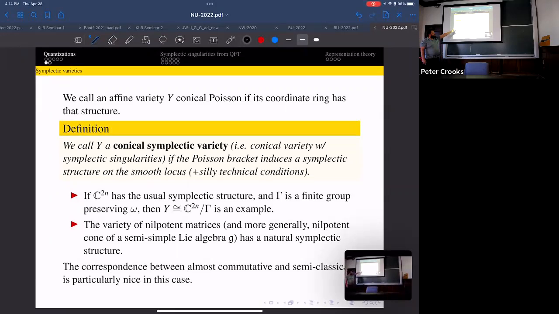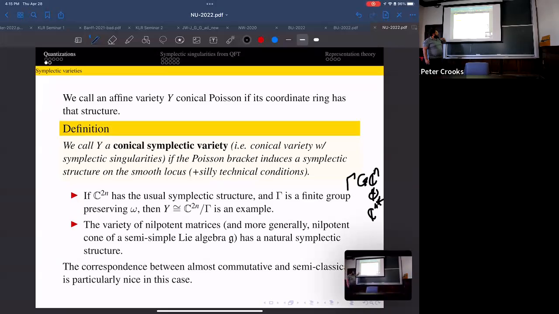So the most standard example of this is you might take a symplectic vector space, a finite group preserving the symplectic structure. So the kind of example you might think about is, I have gamma acting on Cn, and then I take the sum of that representation with its dual. That will automatically have a symplectic structure that it preserves.